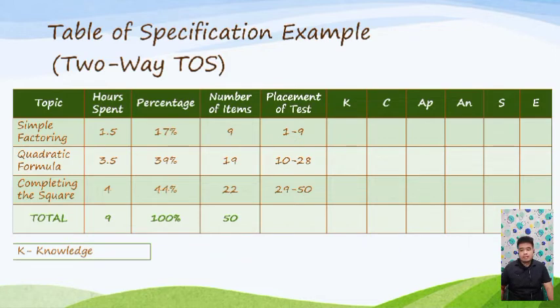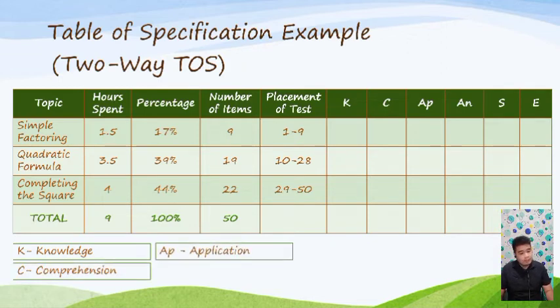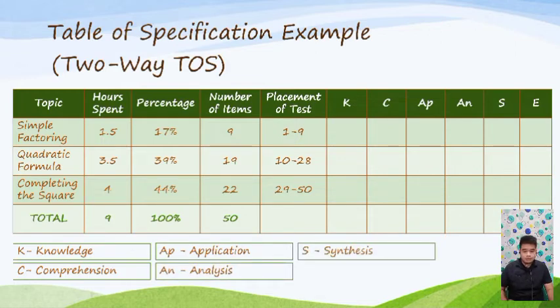So let's have the legend. K is for knowledge, C is for comprehension, AP is for application, AN is for analysis, S is for synthesis, and E for evaluation. So these are the levels of taxonomy that we're going to add to convert one-way TOS into two-way TOS.